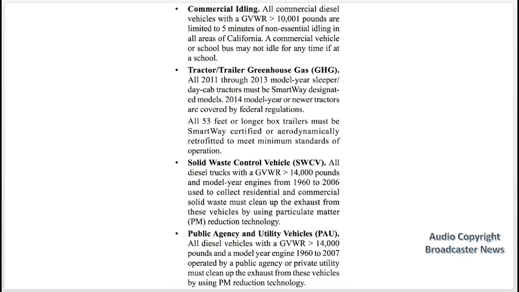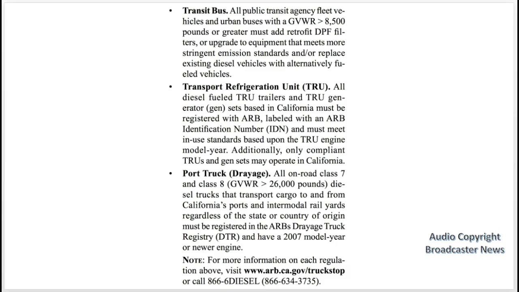All diesel vehicles with a gross vehicle weight of 14,000 pounds and a model year engine 1960 to 2007 operated by a public agency or private utility must clean up the exhaust of these vehicles by using particulate matter reduction technology. Transit bus. All public transit agency fleet vehicles and urban buses, 8,500 pounds or more, must upgrade equipment to meet stringent emission standards.